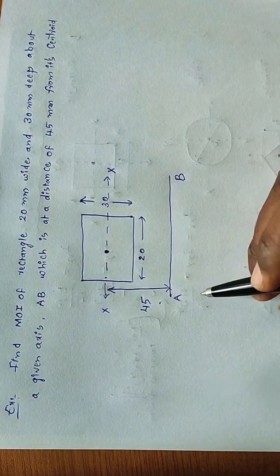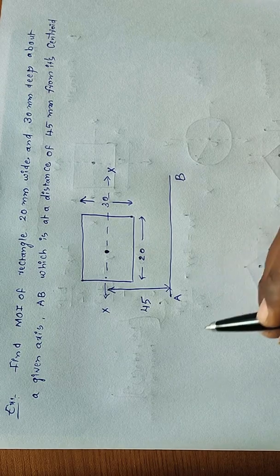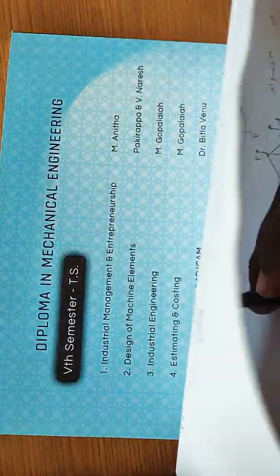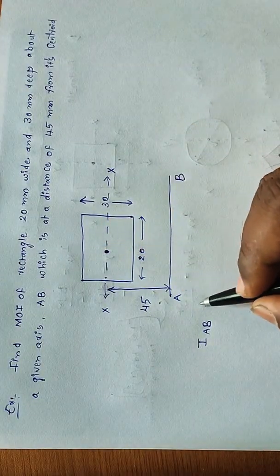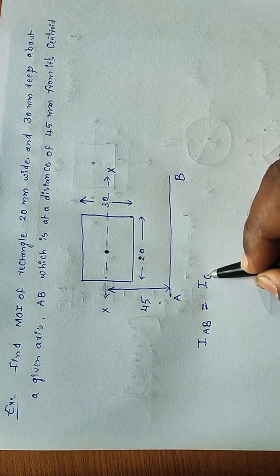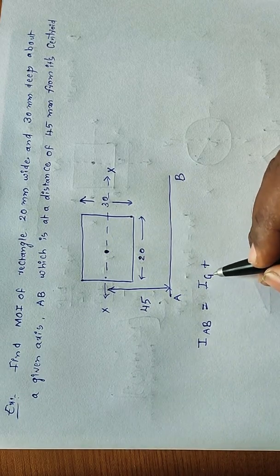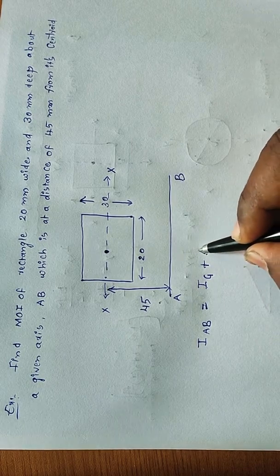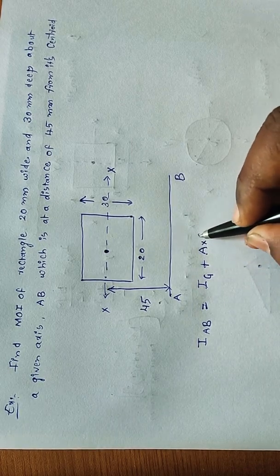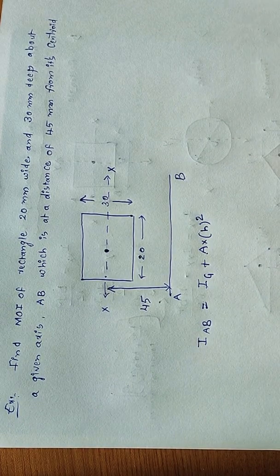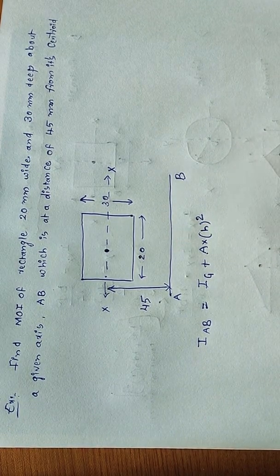So we have to find the moment of inertia about this AB. Using the parallel axis theorem, IAB equals the moment of inertia about the centroidal axis, IG, where G means centroidal axis, plus area into the distance between the centroidal axis and the reference axis AB.